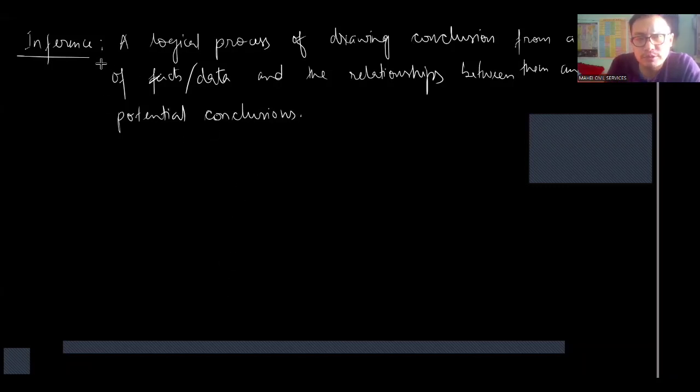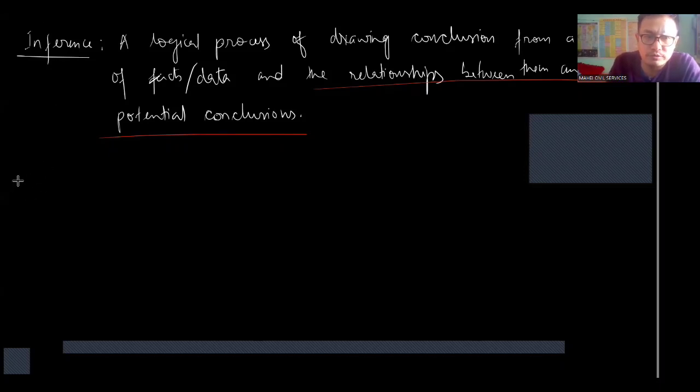So what is an inference? An inference is the logical process of drawing conclusion from a collection of facts or data and the relationships between them and the potential conclusion. So that is how we do inference. Inference is the process.